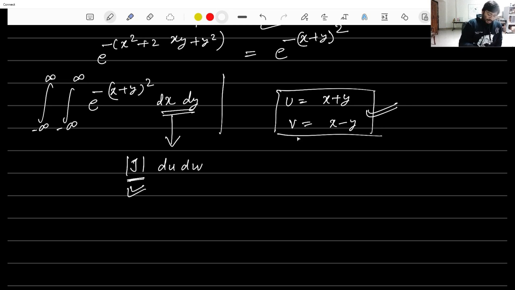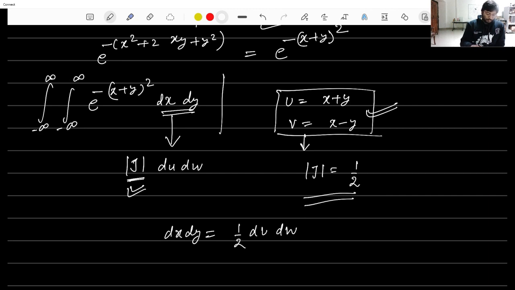For this kind of transformation, this Jacobi factor comes out to be 1 by 2. If you haven't seen that video, please go to the previous videos, I will also put the link in the description, where I have calculated this Jacobi factor for this kind of transformation. So dx dy is equal to 1 by 2 du dv, correct?